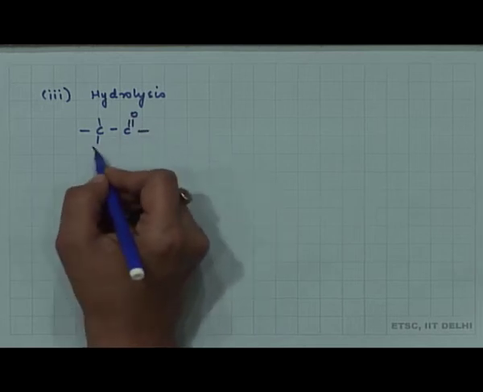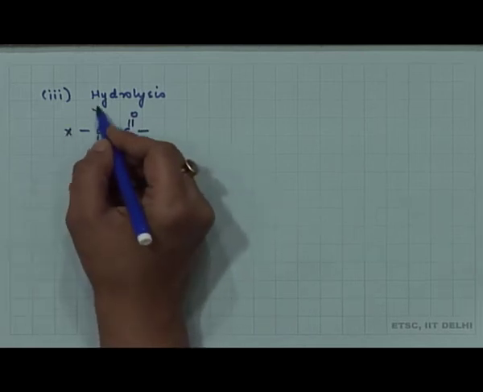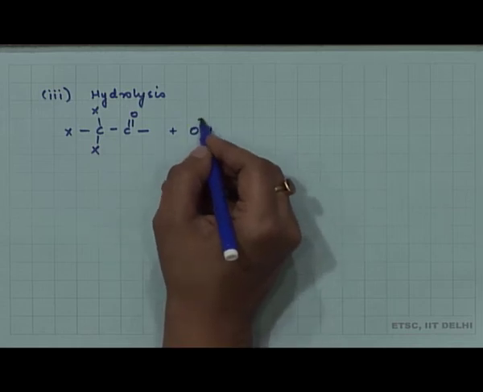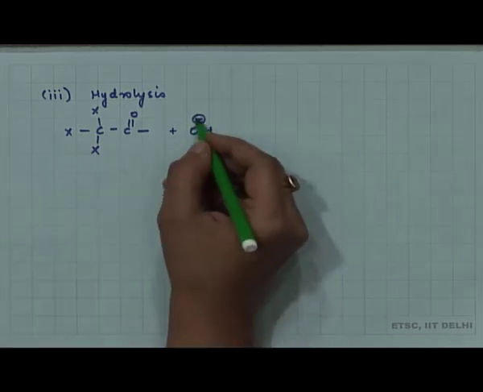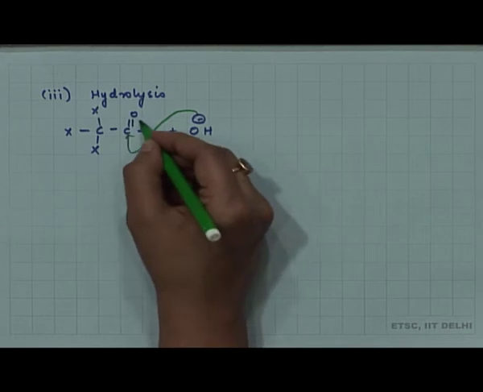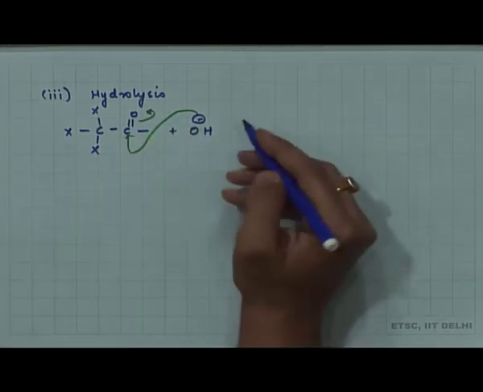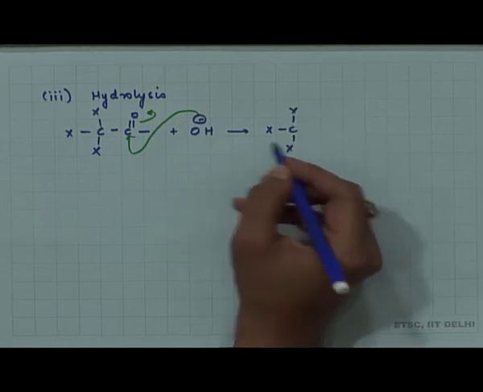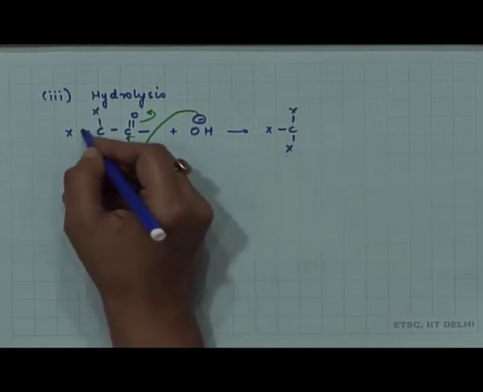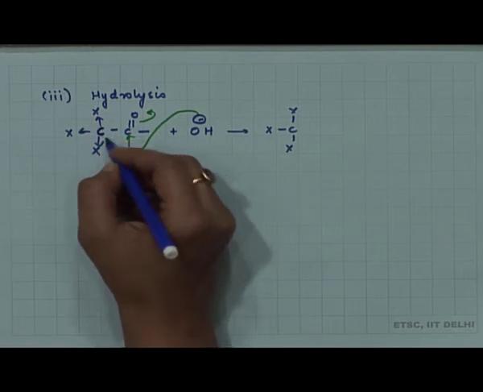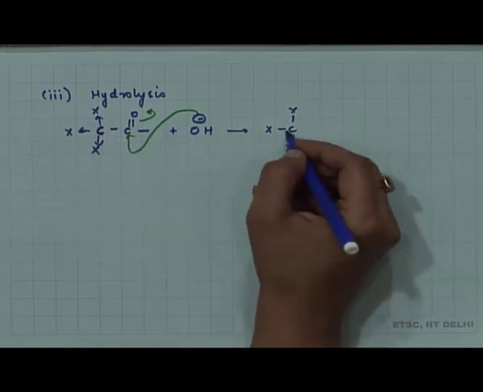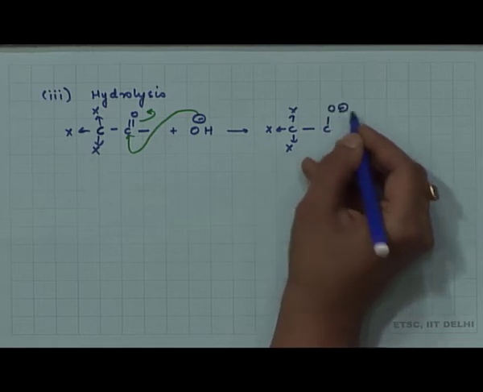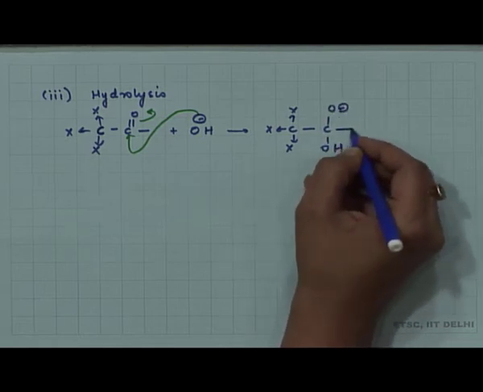So, you have this trihalogenated ketone, which in the presence of the base attacks the carbonyl, and you have 3 electron withdrawing halogens attached to this carbon, and there is attack of this hydroxyl.